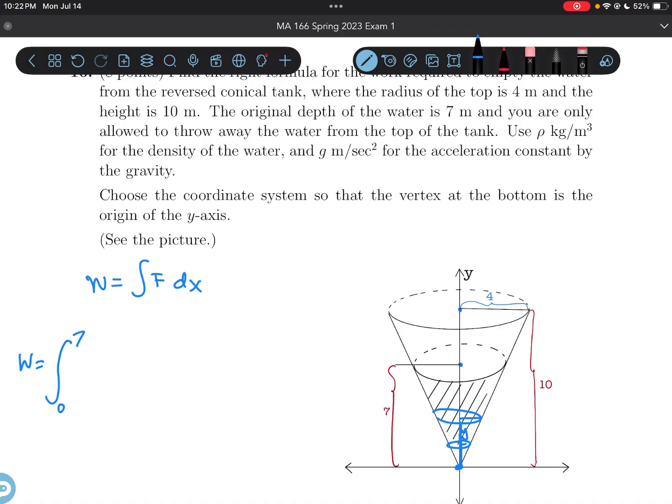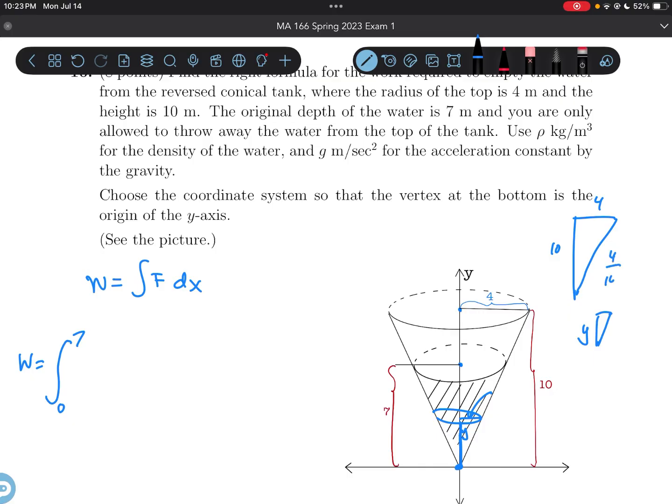In terms of y, we need to find out what this radius is in that case. So since we're given that the proportions of the larger cone is a radius of 4 and a height of 10, we can essentially use similar triangles to figure out the radius of this smaller circle over here.